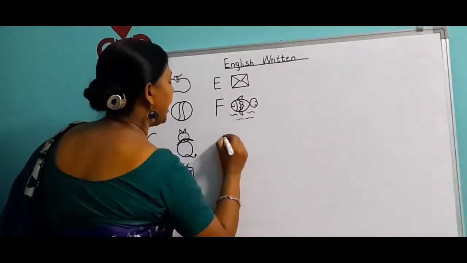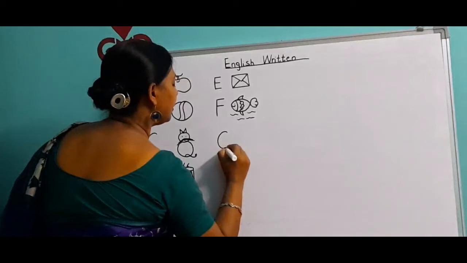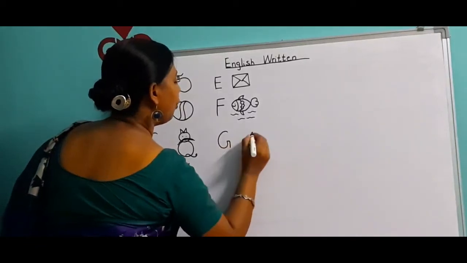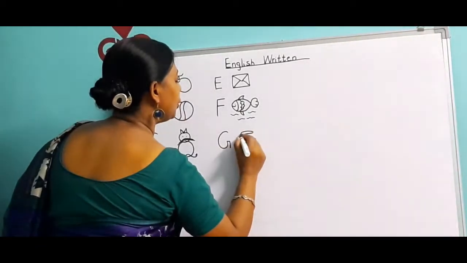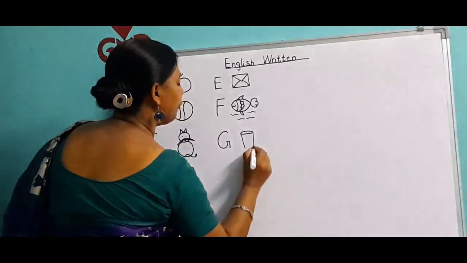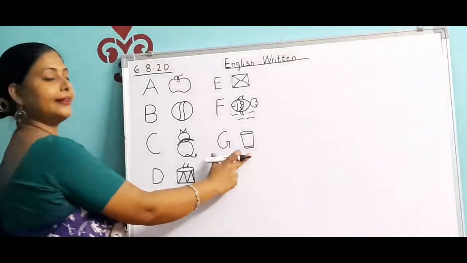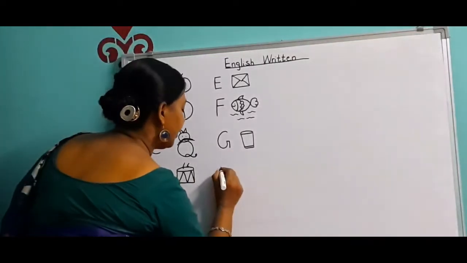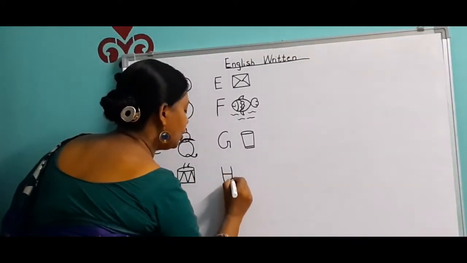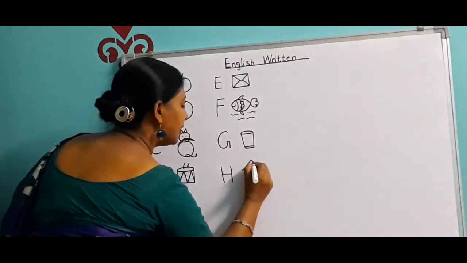Then after F comes G. G for goat. G for grapes. G for glass. H for horse. H for hut.